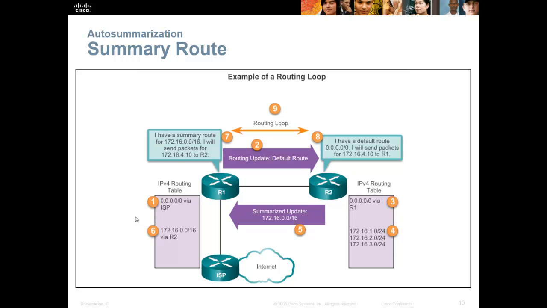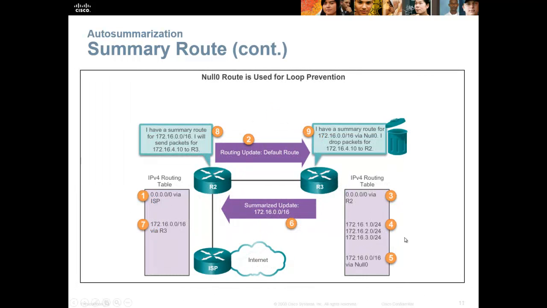So by default, it creates a null interface in EIGRP, and if a packet does not match in the routing table, it's sent to the null interface so that it doesn't create a routing loop like in this case. So what you'll see is, hey, I'm routing for 172.16.0.0, and I've got 172.16.1, go here, 172.16.2, go here, 172.16.3, go here, and then it'll say at the end of that, 172.16.0.0, the classful, send to Null0.